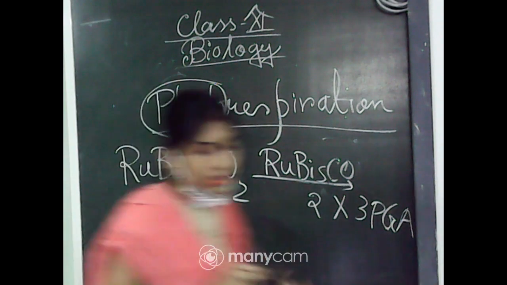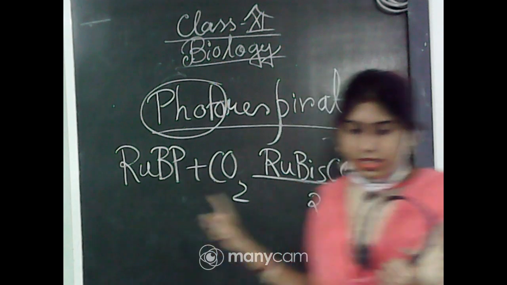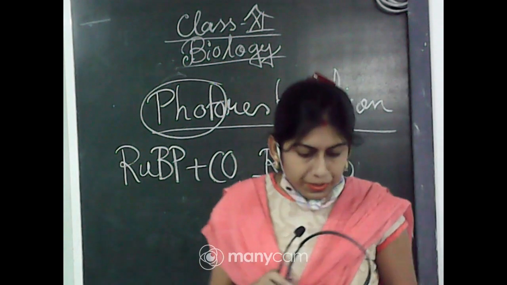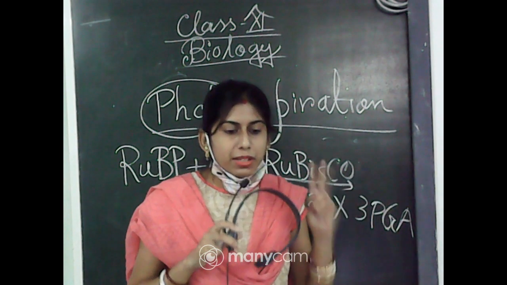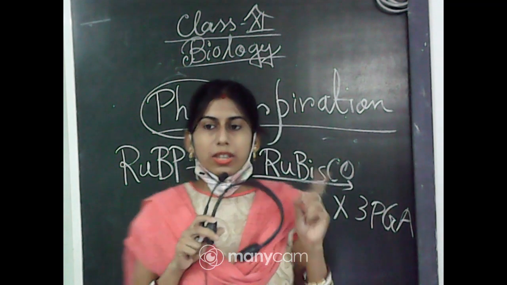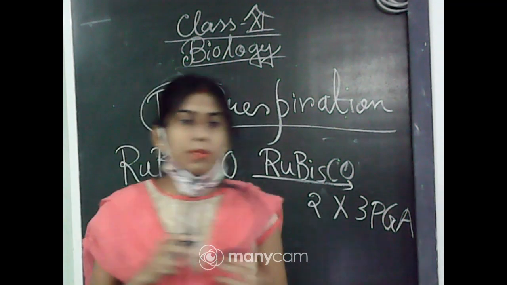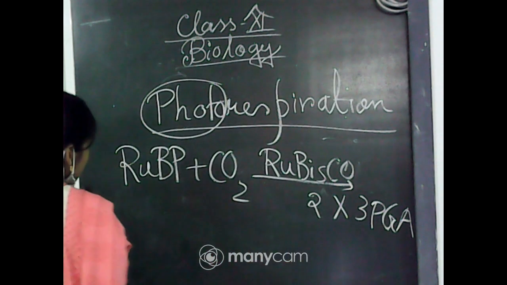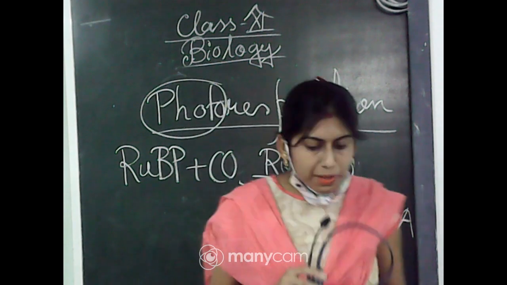In this particular step you can see that the reaction is catalyzed by the enzyme Rubisco, and Rubisco is the most abundant enzyme in the world. That is a very important short question: which enzyme is the most abundant enzyme in the world? The answer is Rubisco. Rubisco is the most abundant enzyme in the world.